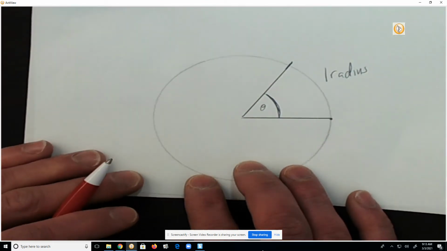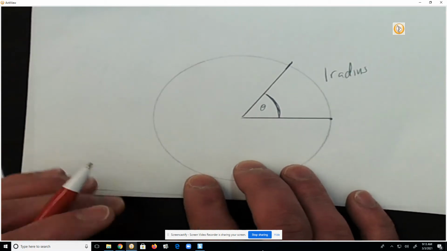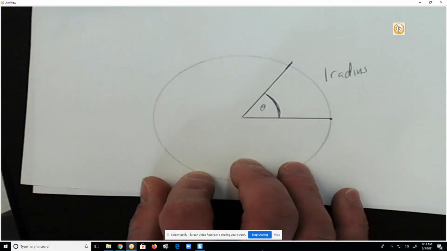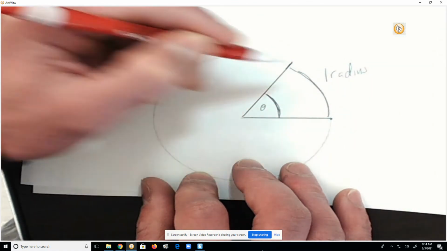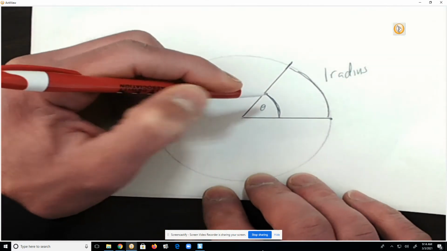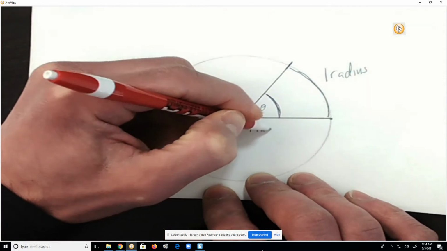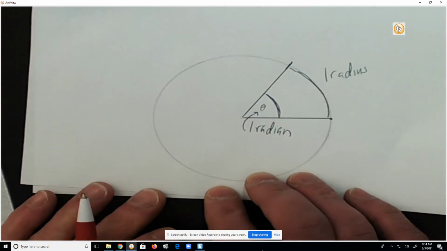That angle opens up, it subtends, it cuts into a length on my circle that equals exactly one radius. So what is this angle that we created? Well, it makes sense to call it 1 radian.